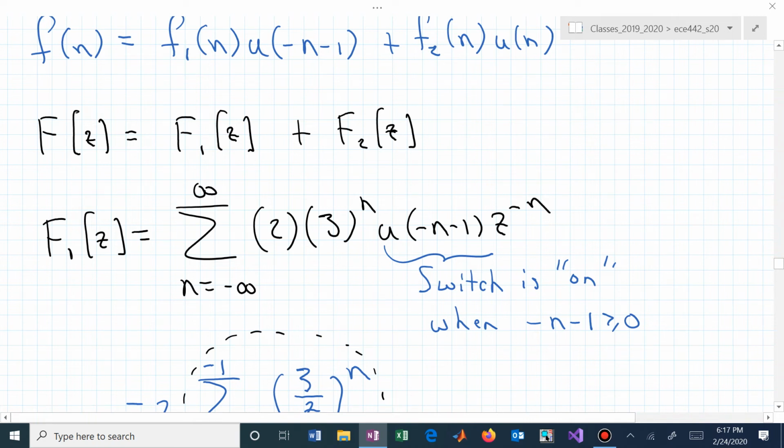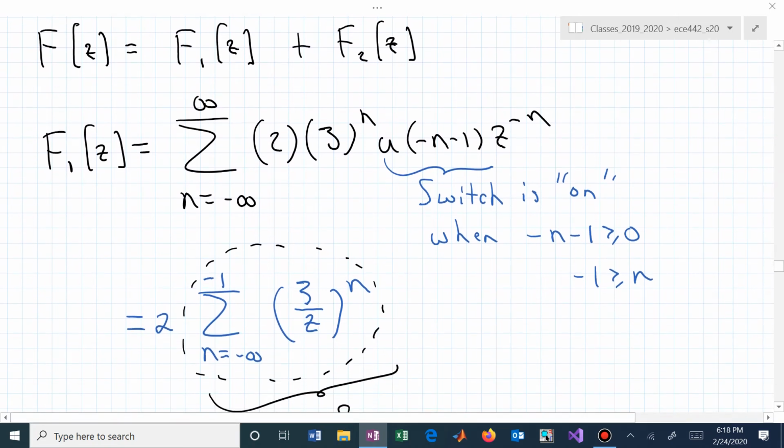We can now add n to both sides. And now we know the index n is minus 1 or smaller. That's when this particular series has non-zero terms, when n is negative.